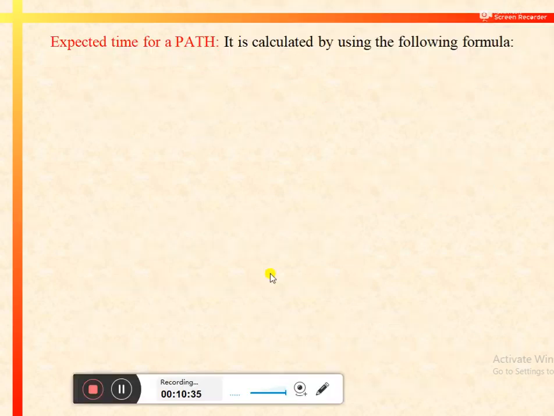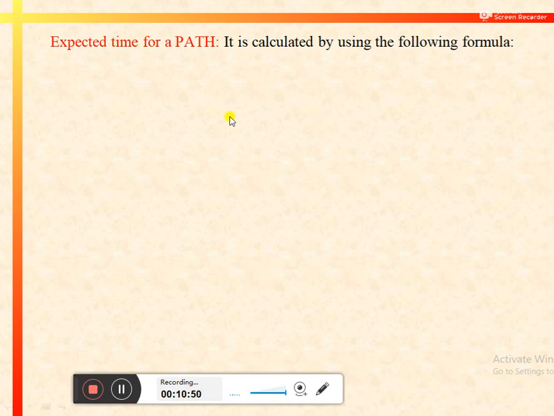After calculating single expected times and standard deviations for different activities, we need to calculate the expected time for different paths in a network.